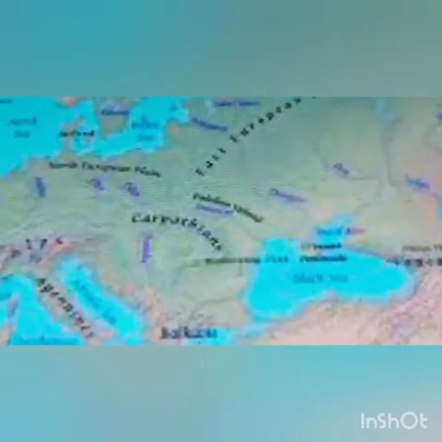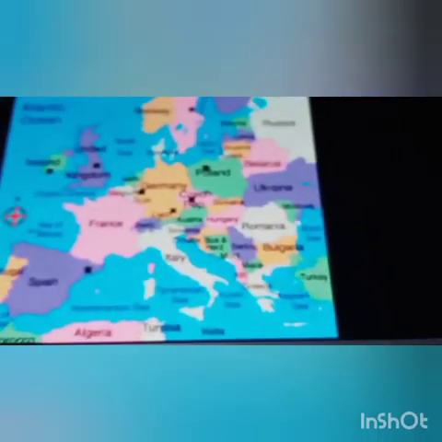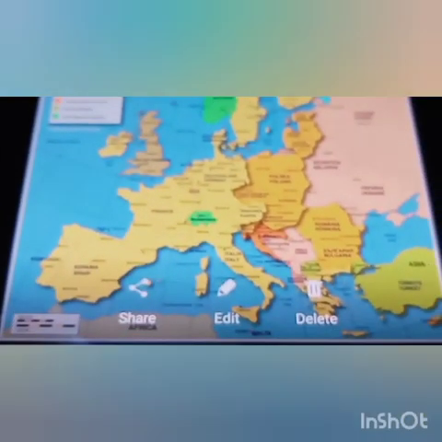This is the physical map of Europe, and this is the political map of Europe.